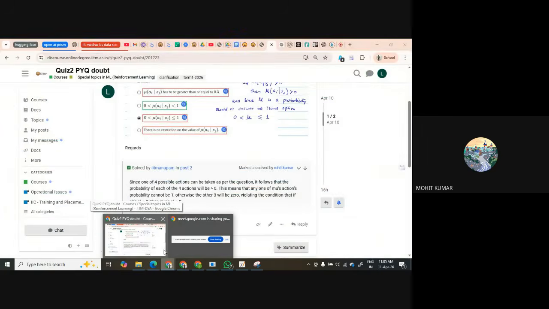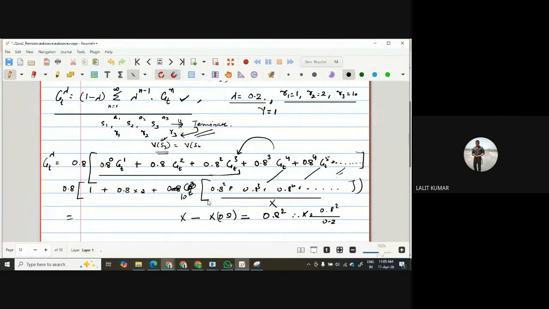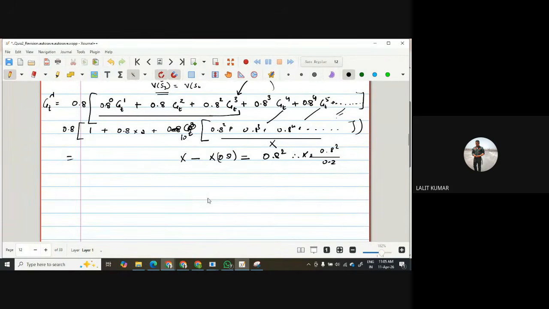Sir, that X part is not clear. Okay, X is very easy. See, X is equal to, we'll take 0.8 square plus 0.8 cube plus 0.8^4 plus keep on doing this. Now what do I do? I multiply X with 0.8. So this will become 0.8 cube, this will become 0.8^4, this will become 0.8^5, plus all that.